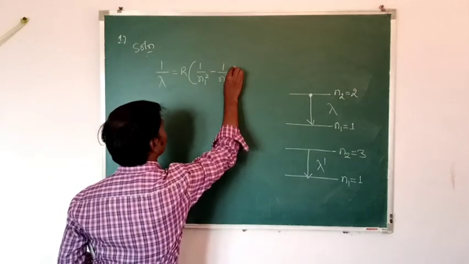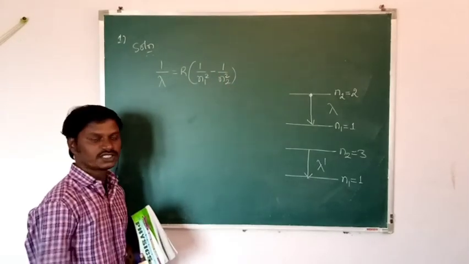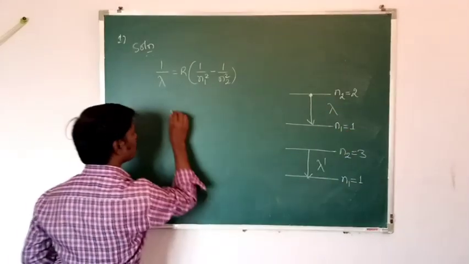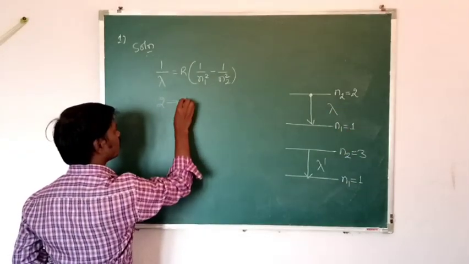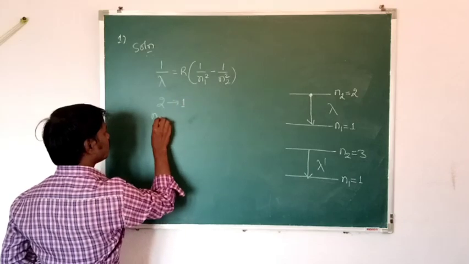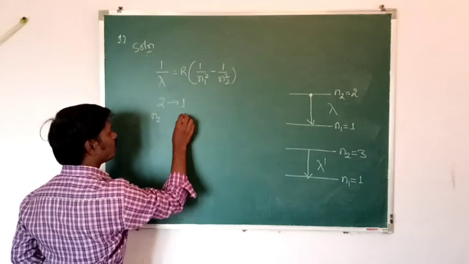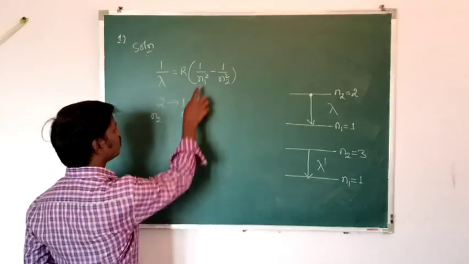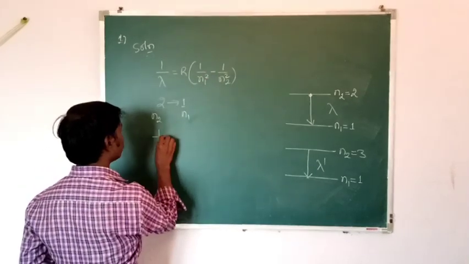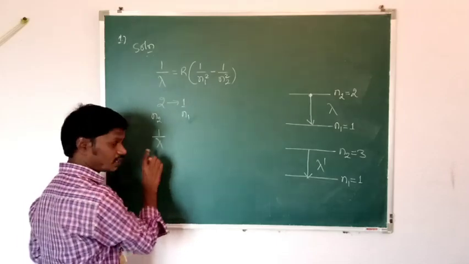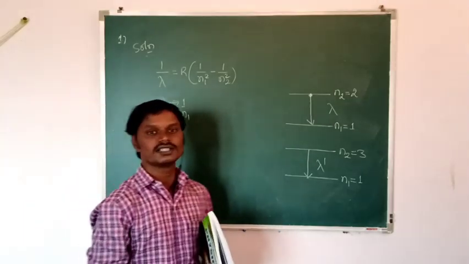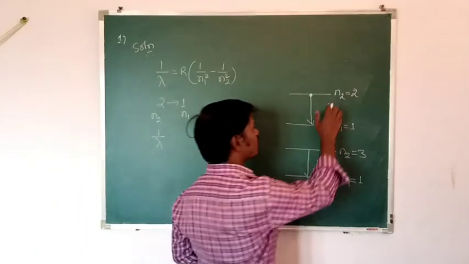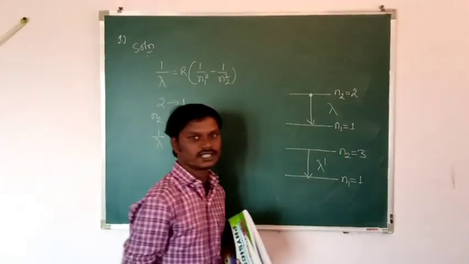The electron jumps from second orbit to first orbit, meaning 2 to 1. Here 2 is n2 and 1 is n1. Then I will substitute these in this equation.